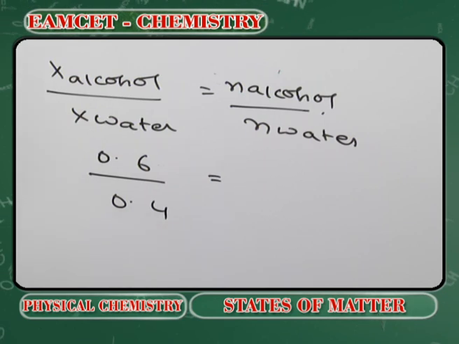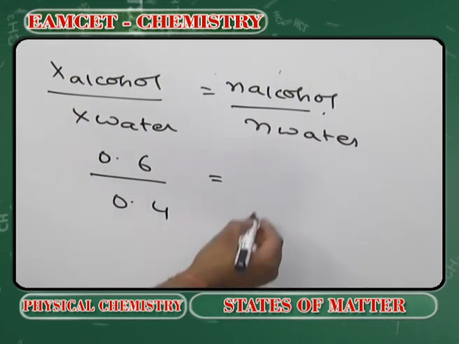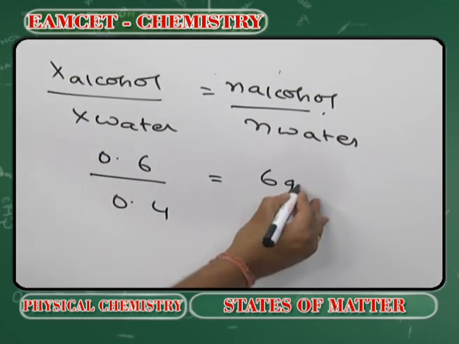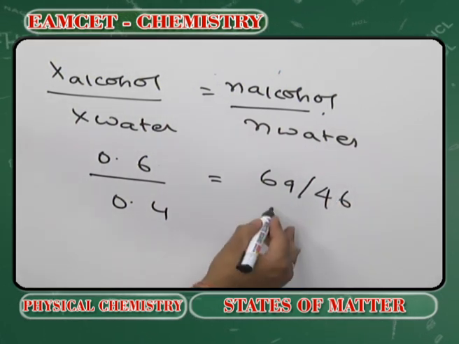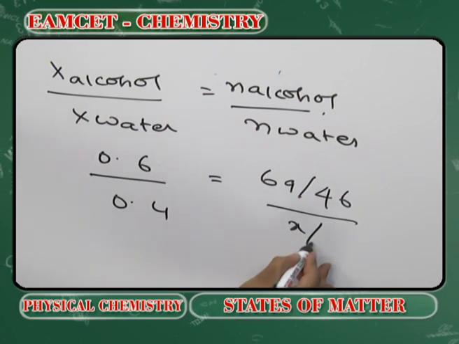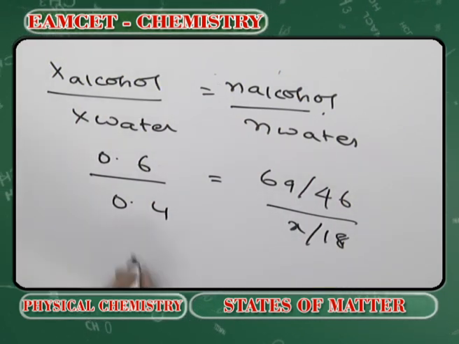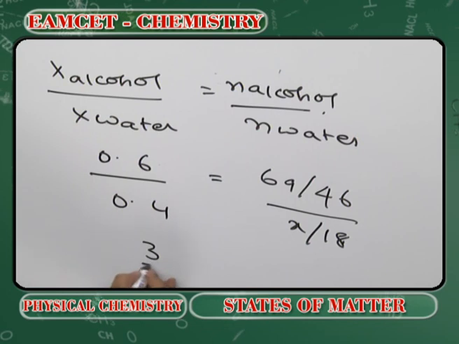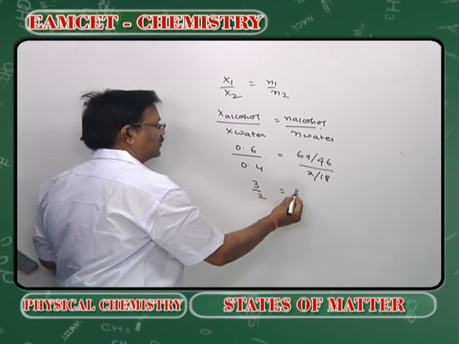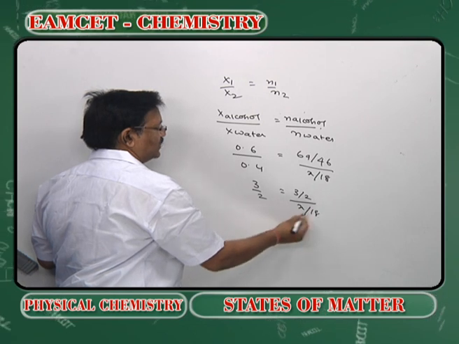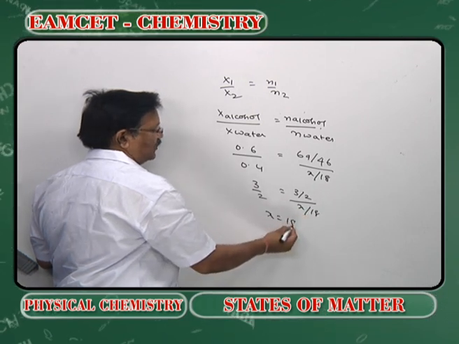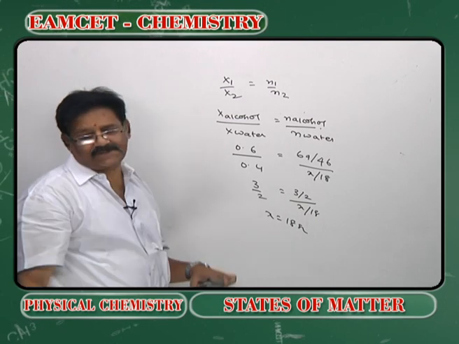Number of moles is weight by molecular weight: 69 by 46 for ethanol, and X by 18 for water. This value is 3 by 2. So 3 by 2 by X by 18, so X will be equal to 18 grams.